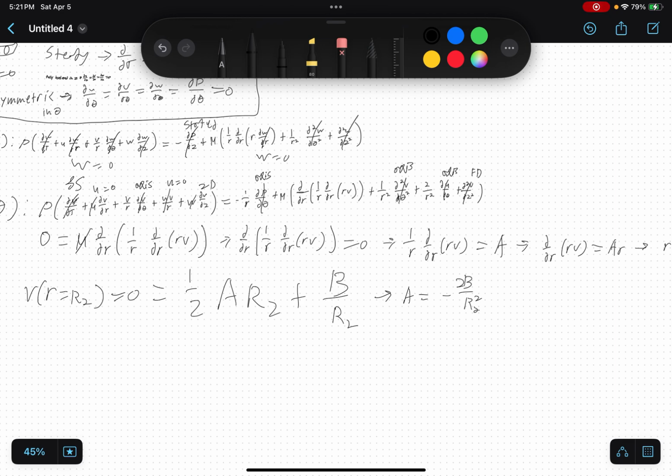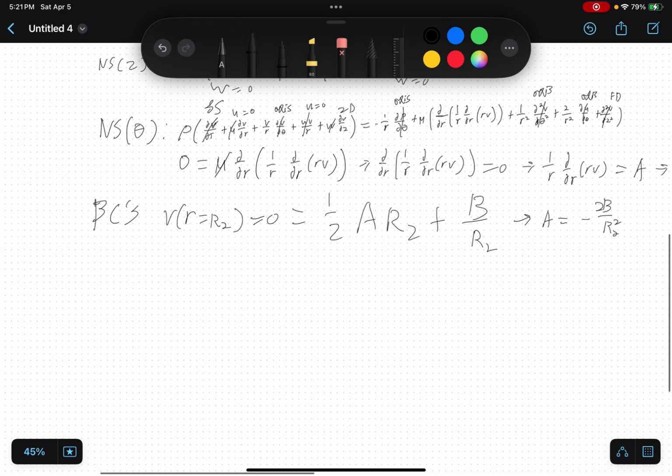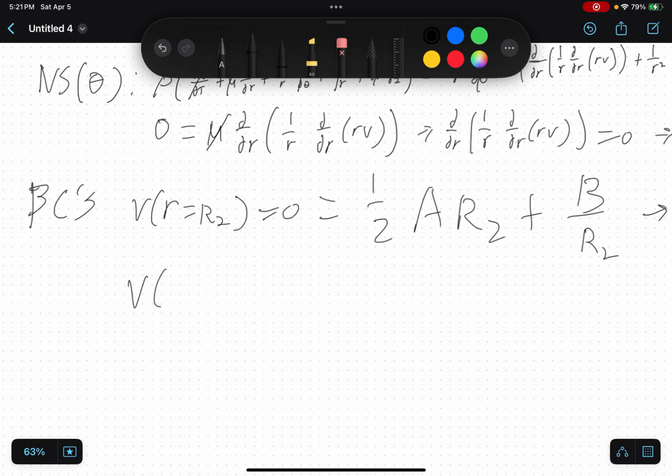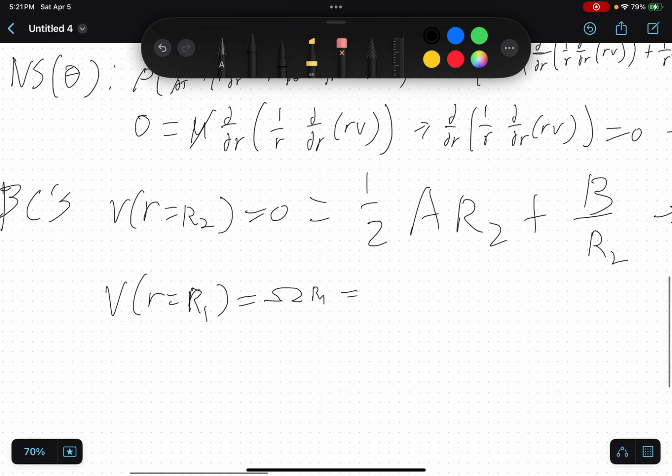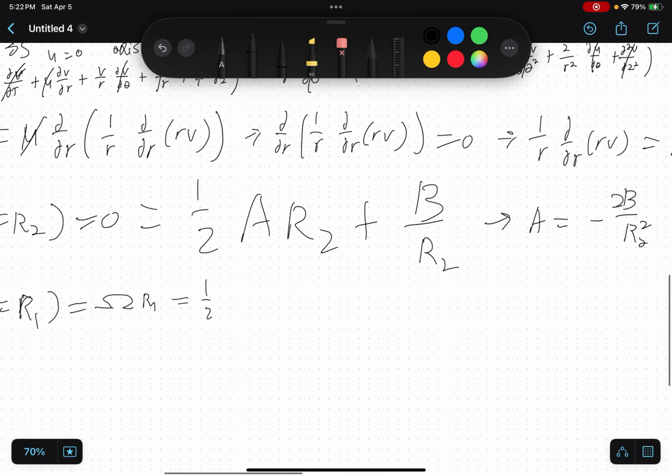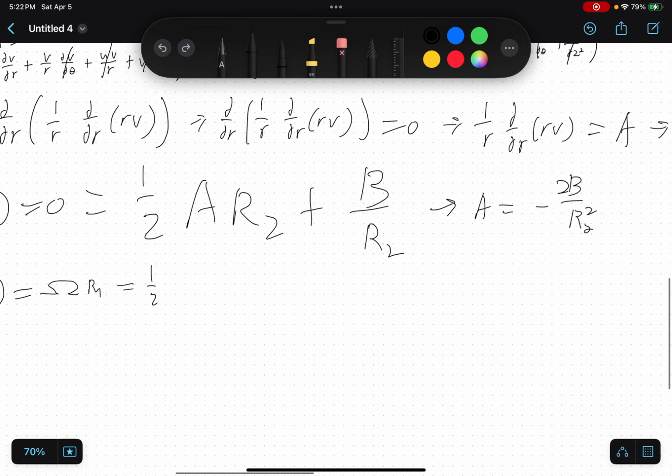It's probably right. v at r equals R1 is this times R1. We solved for a, so the 2 cancels with that.